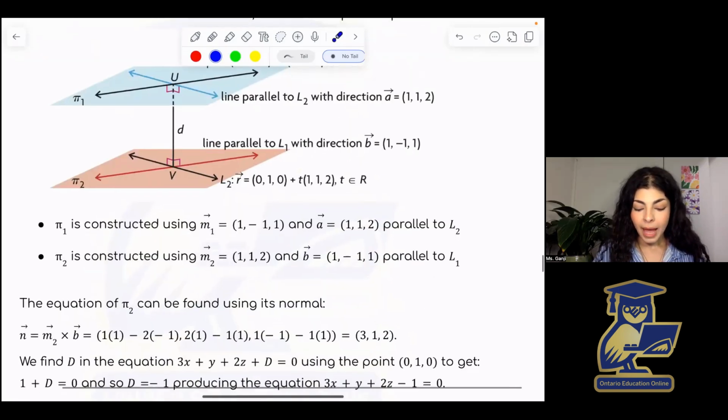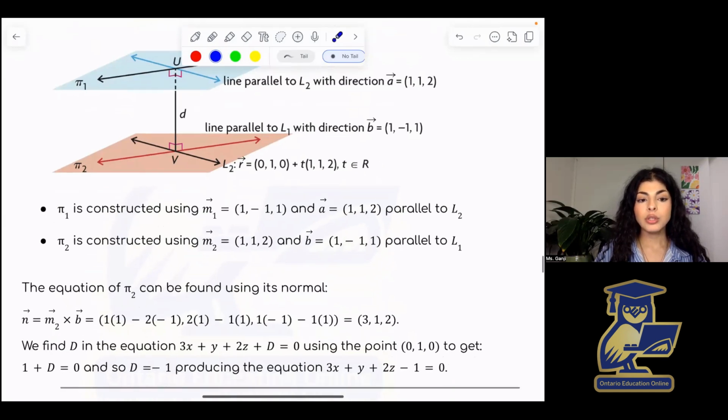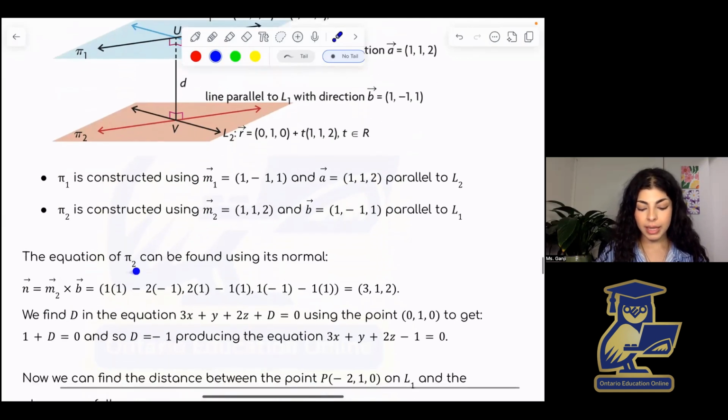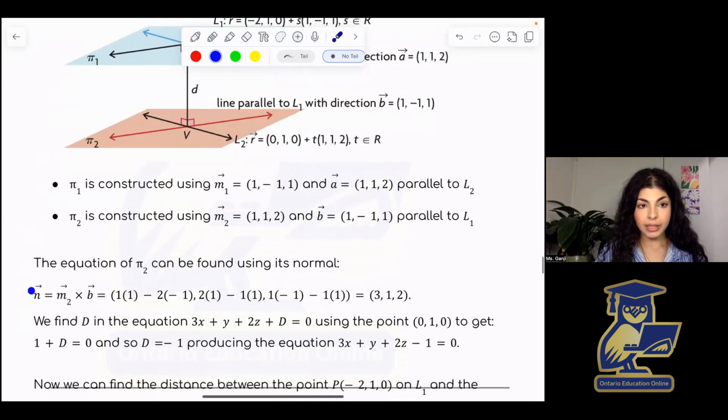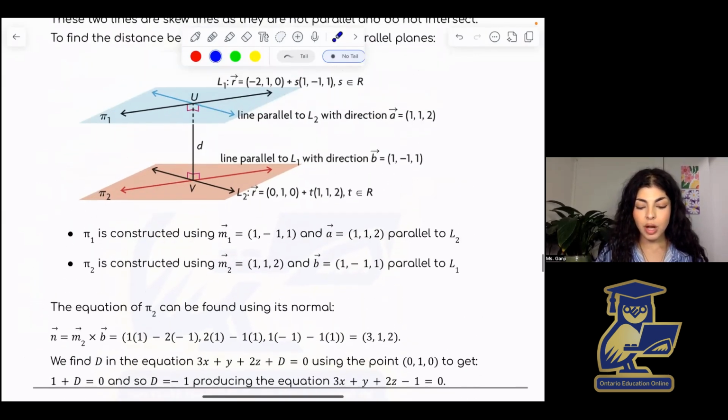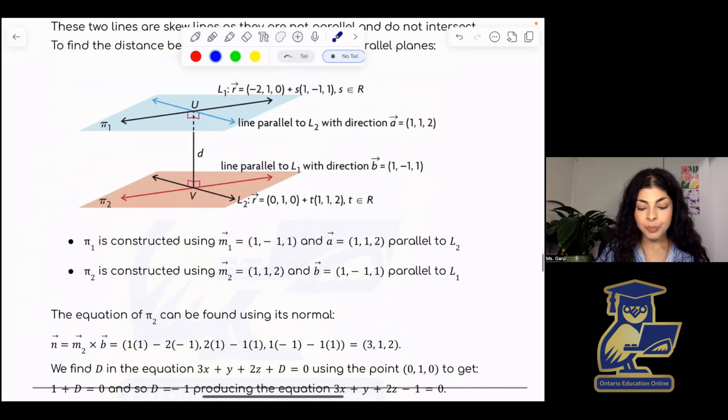So having these two planes now, and you only really need one of the planes, so I can just stick with plane 2. So I will find the normal vector, which will be the cross product of M2. So this is just the direction vector of line 2, and B, which was the direction vector of line 1, because I wanted these two planes to be parallel.